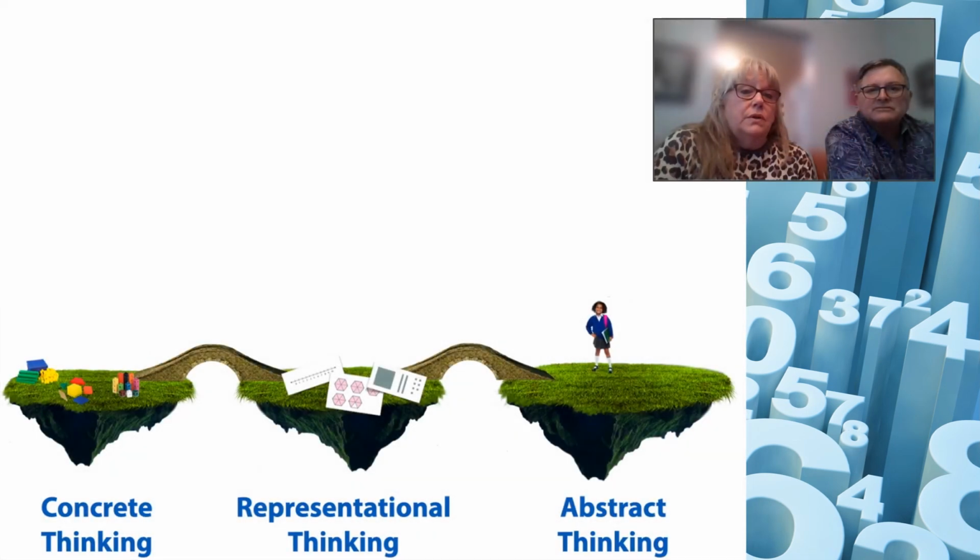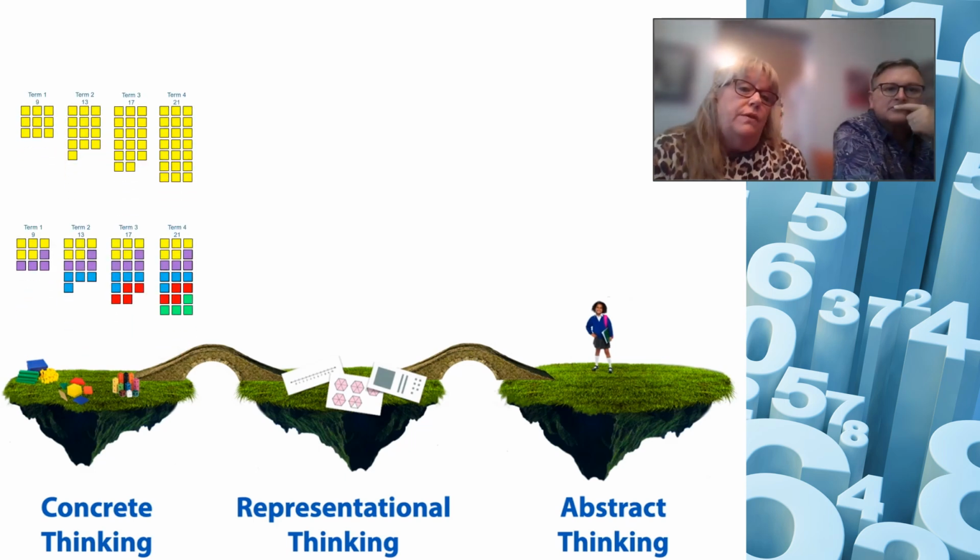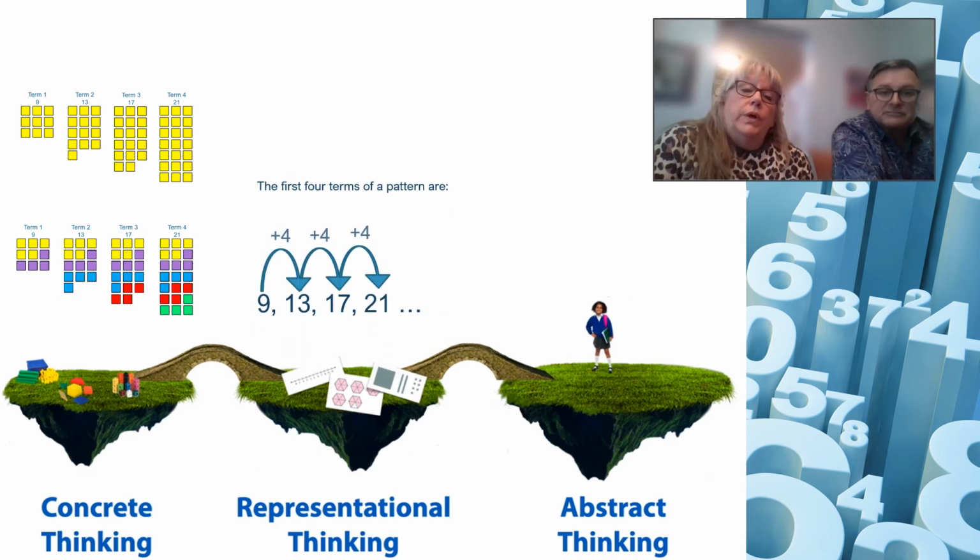All right, so going back to the concrete, representational, and abstract thinking, we started you off with the square tiles and looking at the changes in those square tiles using a concrete tool. For our representational thinking, we're thinking about what's happening between term 1 and term 2, between term 2 and term 3, and so on. And we can see that 4 are added every time.